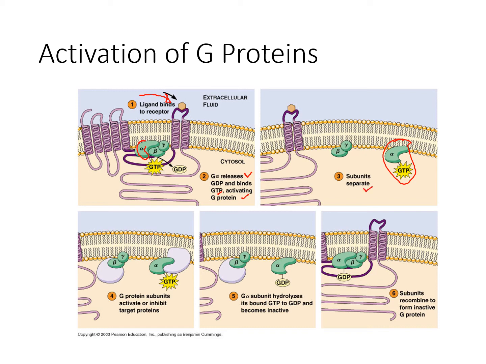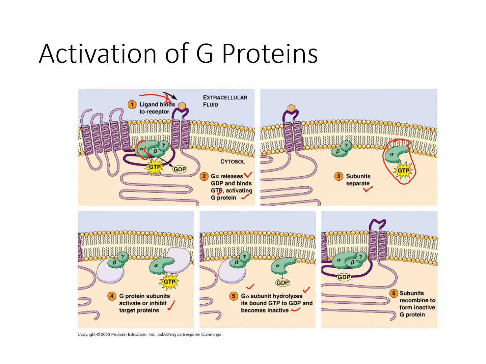So the subunits separate, and the alpha subunit of the G protein activates or inhibits the target protein, while the other subunits remain there. The alpha subunit hydrolyzes its bound GTP to GDP, becomes inactive, and forms a complex with the beta and gamma subunits again, which returns to the intracellular loop of the GPCR.